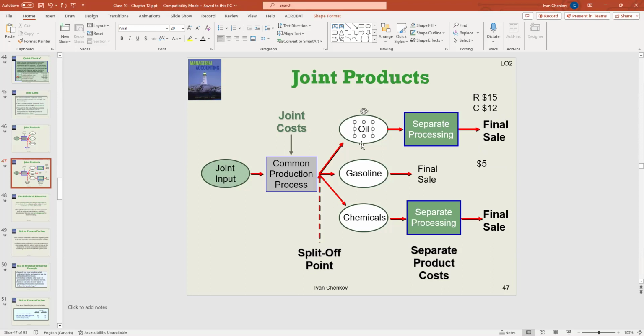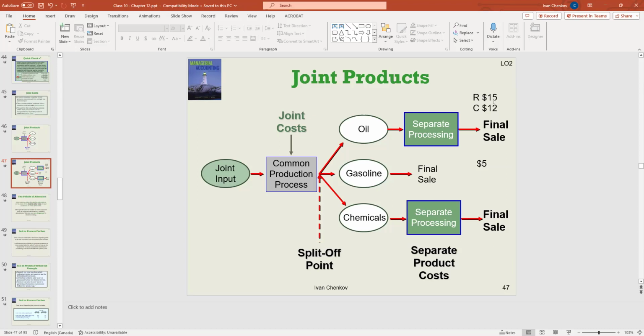So the rule is this: as long as the incremental revenue is more than the incremental cost, go for it. So how much will be my incremental revenue in this case? I can sell it as it is at $5, but if I process it further, I can sell it for $15. How much additional am I going to get? Sorry, $10 more.